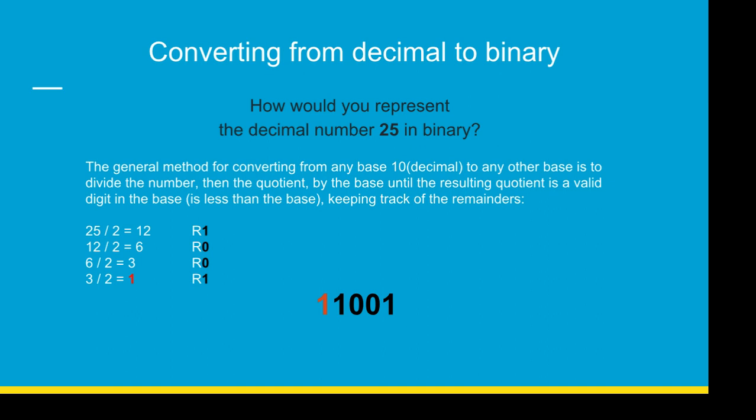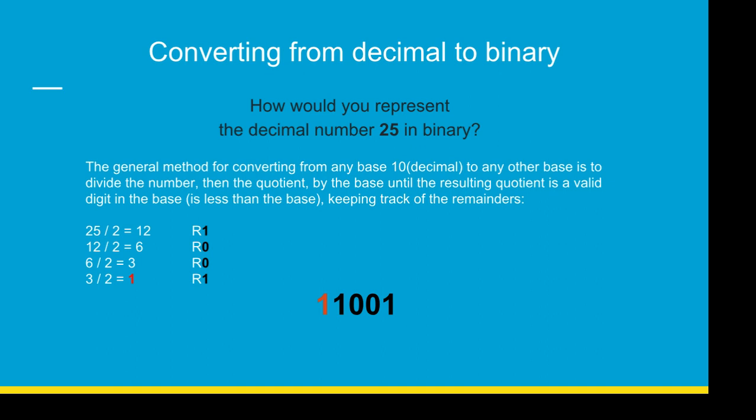So if we have the number 25 in base 10, in decimal, and we wanted to represent that in binary, one method, which will work for any number system, any base we want to go to from decimal, is to take the number and divide it by the base.